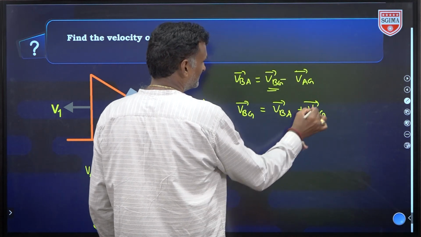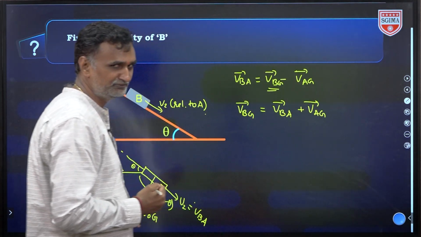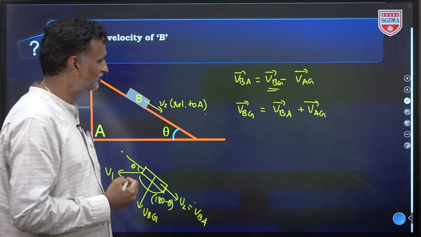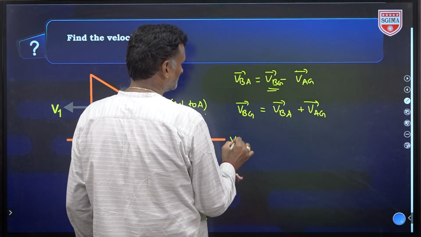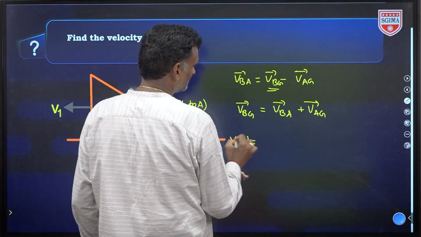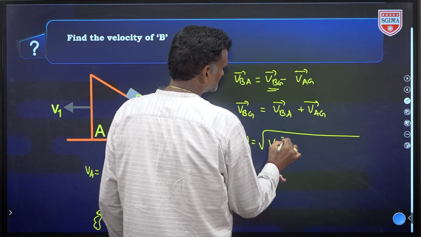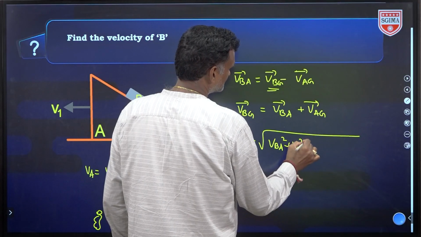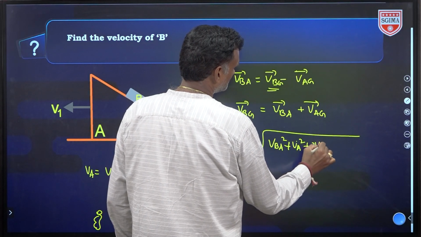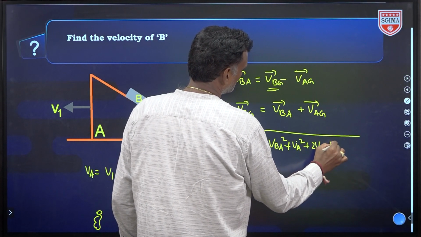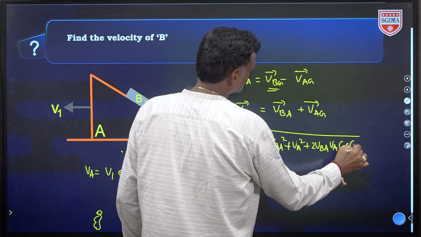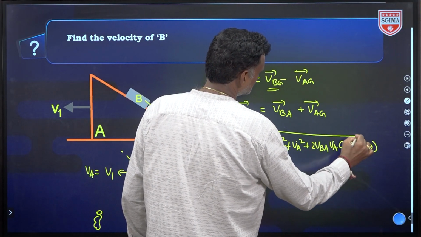But if these have some angle, then we should follow vector addition. So VBG magnitude equals root over VBA square plus VA square plus 2 VBA VA cos (180 minus theta).